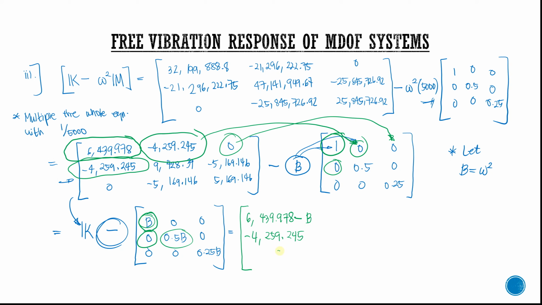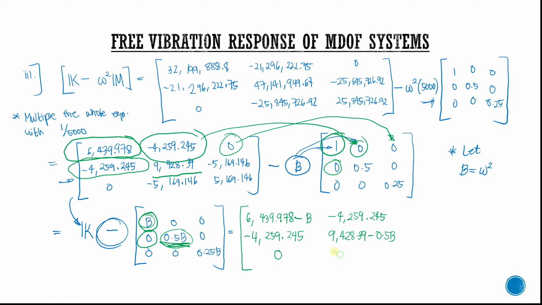And then 0 minus 0, that is just a 0. And then we have 4,259.245. Then we have 9,428.39 minus this one, 0.5b.